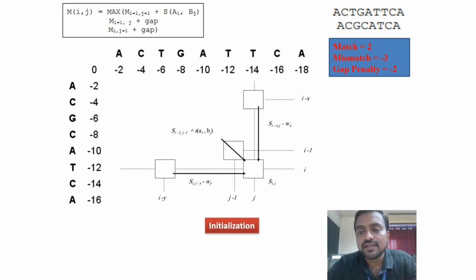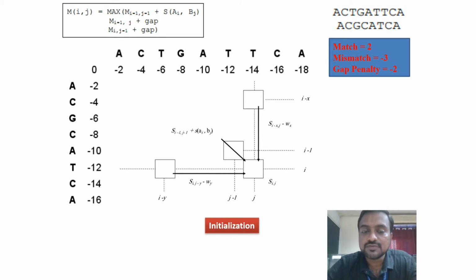Remember, a gap is regarded as a penalty because these gaps are not originally part of the sequence that has been provided to us, but are inserted by users like us in the hope of getting more matching regions. So if you can see here, 0, -2, -4, -6 up to -18 on the top is nothing but the gap penalties.